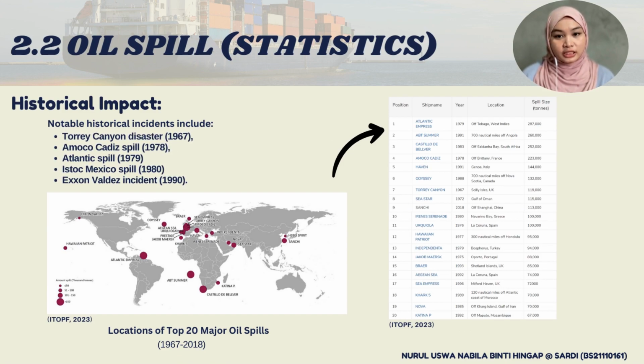Historically, marine and coastal environments have suffered greatly from major oil spills. Notable incidents included the Torrey Canyon disaster in 1967 with 119,000 tons of crude oil, Amoco Cadiz in 1978 with 223,000 tons, Atlantic Empress in 1979 with 287 tons, Ixtoc Mexico in 1980 with 454,000 tons, and Exxon Valdez in 1989 with 37,000 tons.